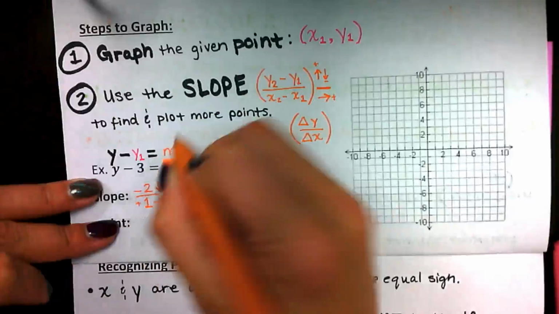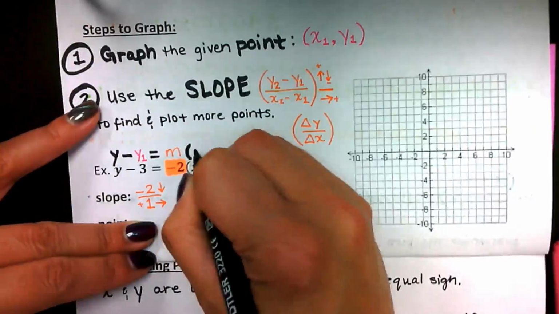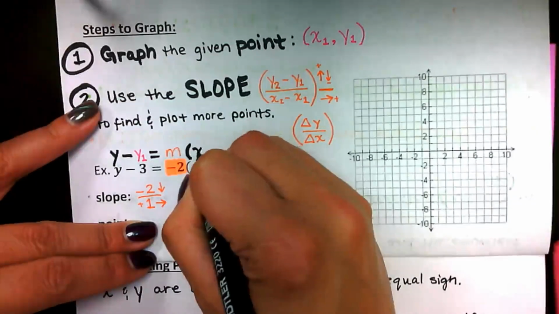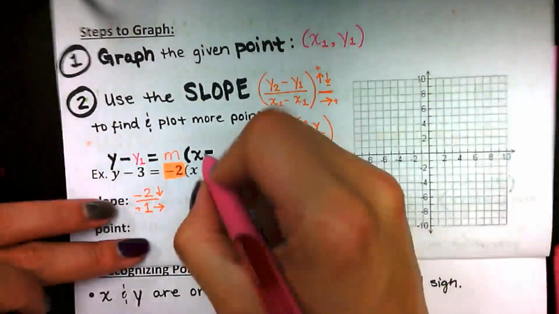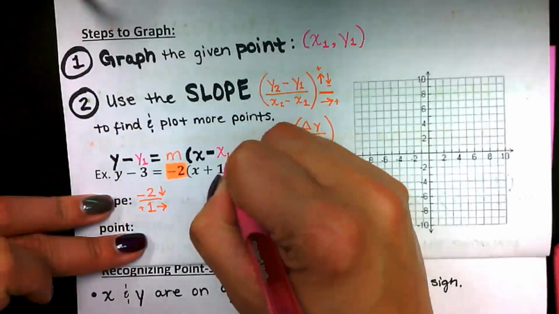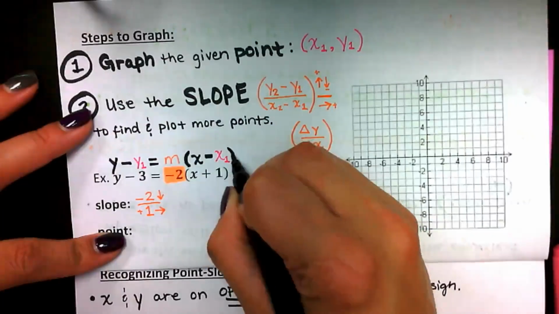There we go. M parentheses x minus x sub 1.